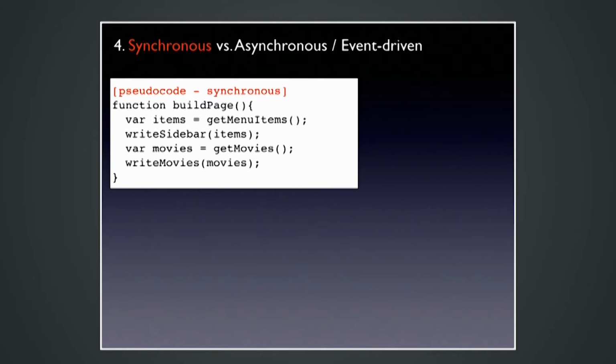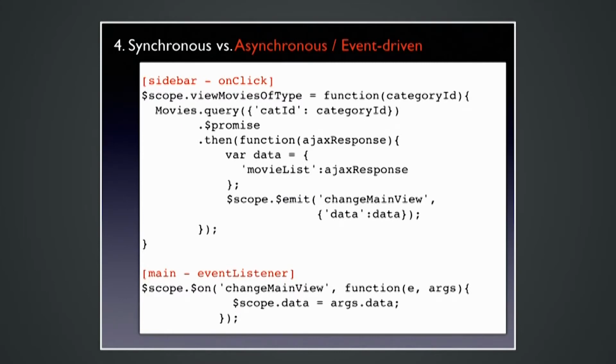I know that line 2 won't happen until line 1 is complete, and line 3 won't happen until line 2 is done, and so on and so forth. We've learned that JavaScript is not just a little bit asynchronous, it's asynchronous all the way down. So you can imagine this model is not going to fly if JavaScript is your core language. So I've moved from pseudocode to more realistic code.